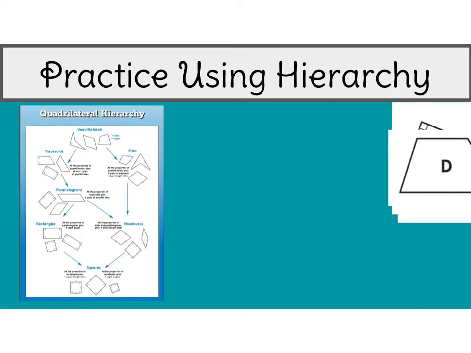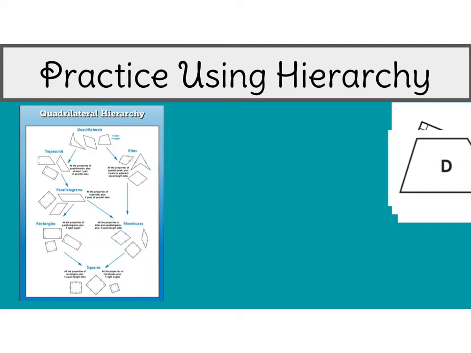So let's take a look at the quadrilateral hierarchy poster that I have here on this left side. And you'll notice that we have the main category up here as quadrilaterals. They give us the properties or the attributes of the quadrilateral itself, so 4 sides and 4 angles. And then we can veer off depending on what the attributes are of the shape to trapezoid or kite.